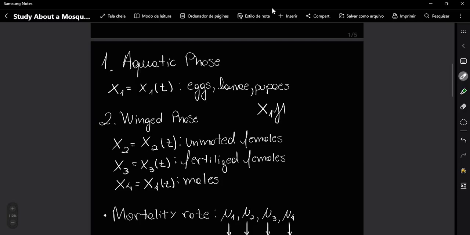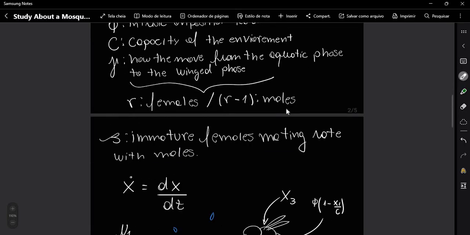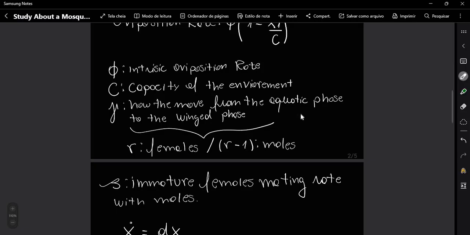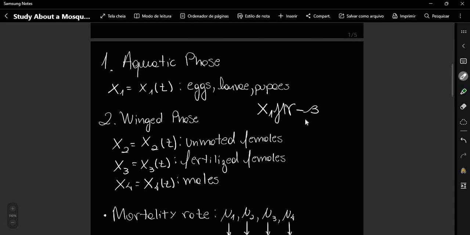Some of them are males and some of them are females, and R is representing the females. Minus beta, which is the immature females mating rate, and we sum this to a rate of mortality.